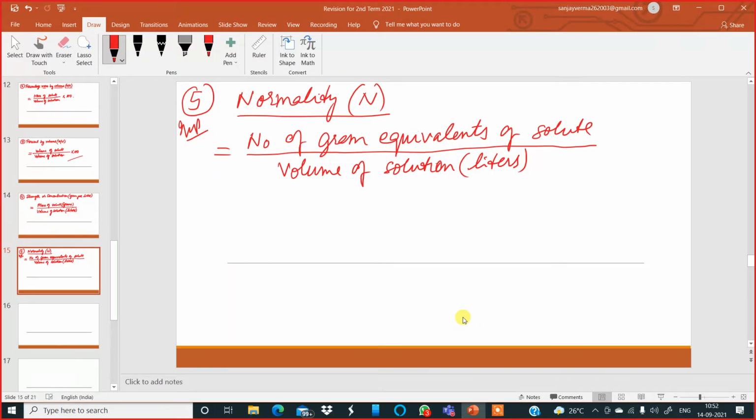The number of gram equivalents of solute divided by volume of solution in liters will give us the normality.